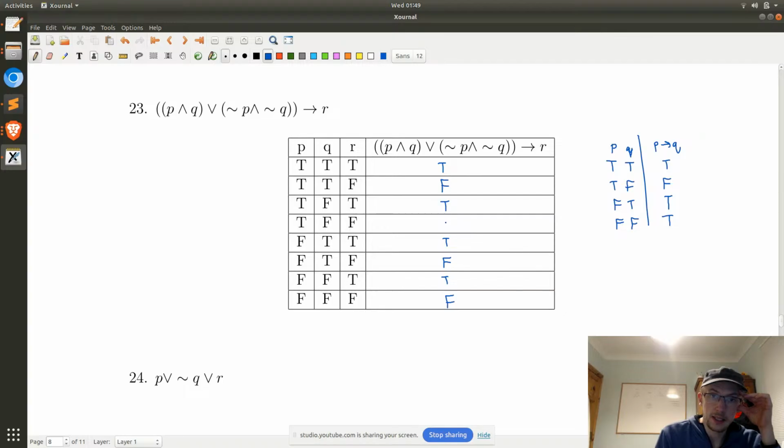Okay. Here, true and false is false. And so this here needs to be true. So put them in. All right. False and true. Well, that's false. And so the whole thing is.